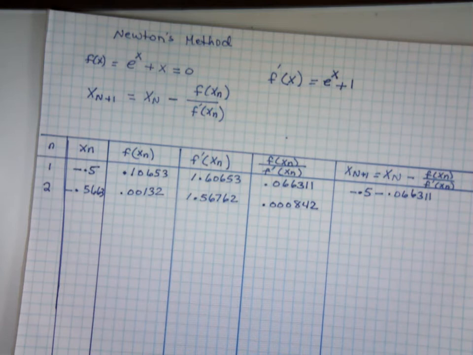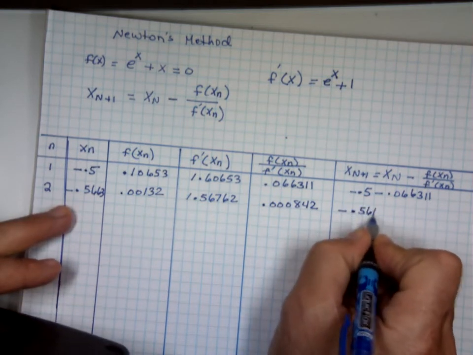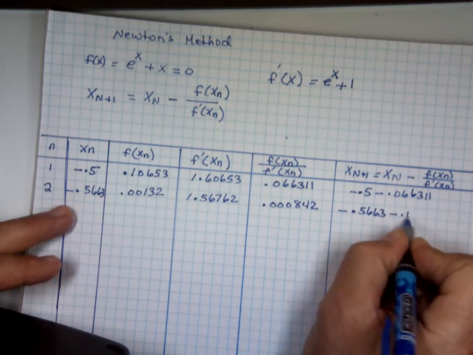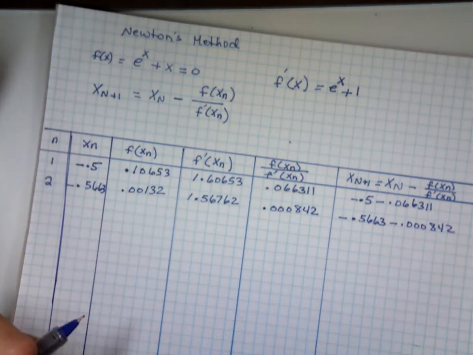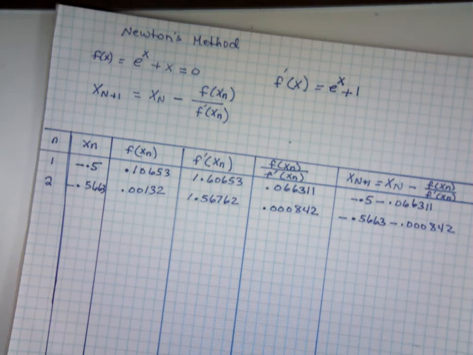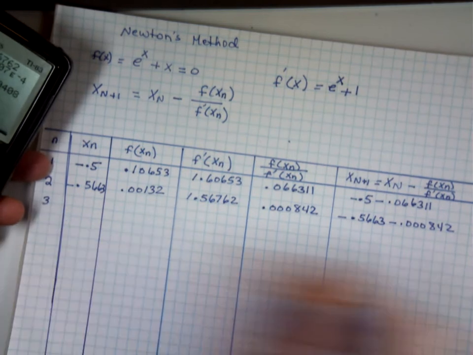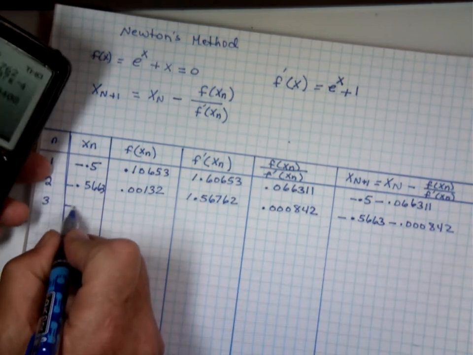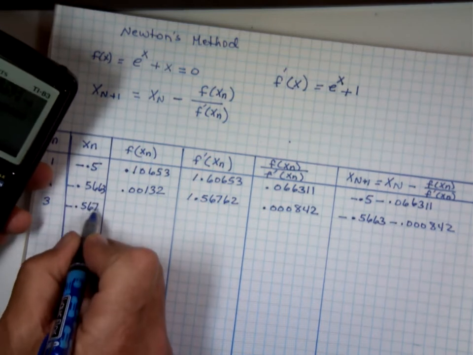The next number I'm going to be using is going to be negative 0.5663 minus 0.000842. So the next number I'm going to be using, x of 3, is going to be the result of this, which is negative 0.56714.